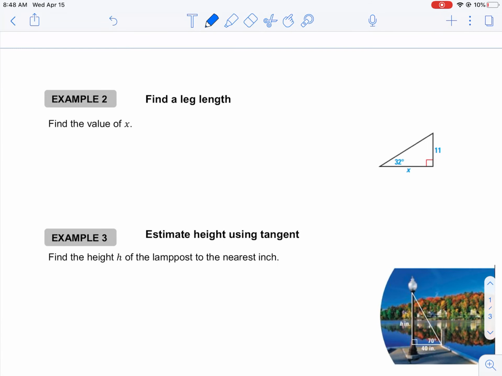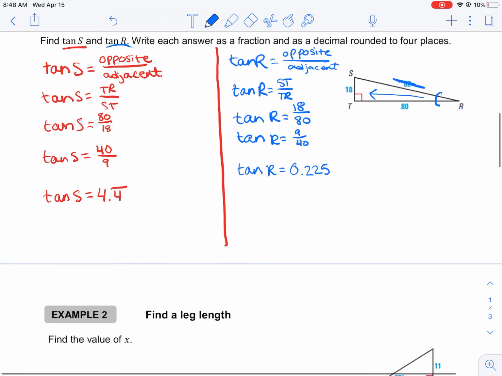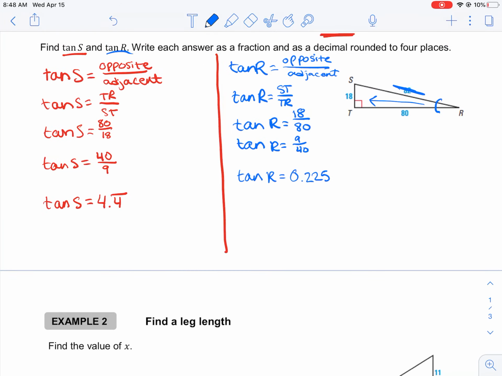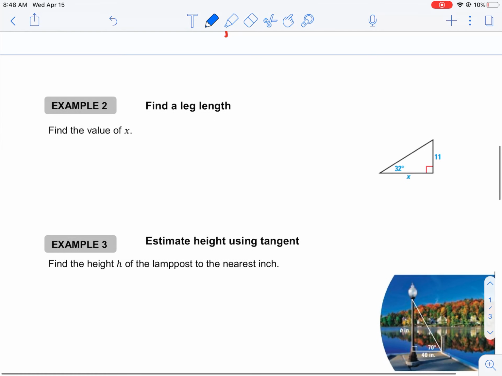All right, so how do you find the leg length? So here, this is where we're going to use our actual angles now. So in this previous problem, we just said tangent of S, where S is the angle. But now we actually are given an angle. So we're going to look at tangent of this angle right here. But we don't need a letter there.